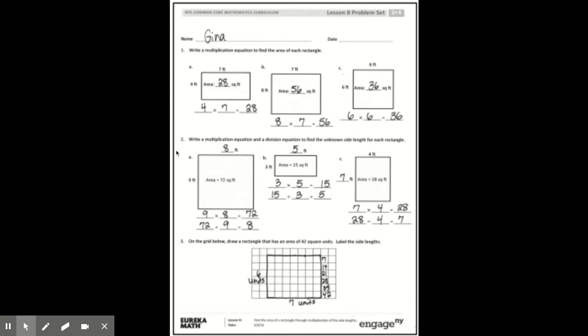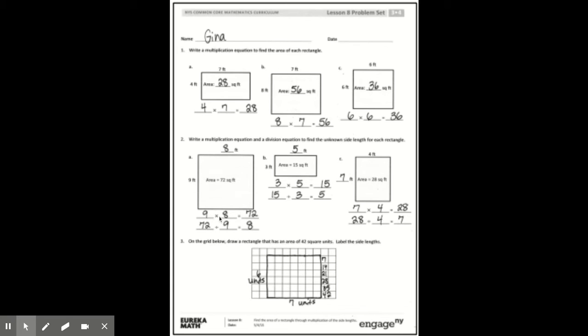If we move on to number 2, it says write a multiplication equation and a division equation to find the unknown side lengths for each rectangle. So if we look at this, we know the area is 72 square feet. And we know this side is 9 feet.